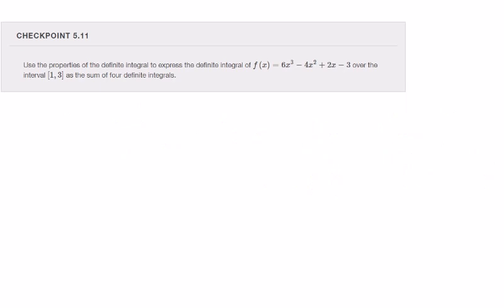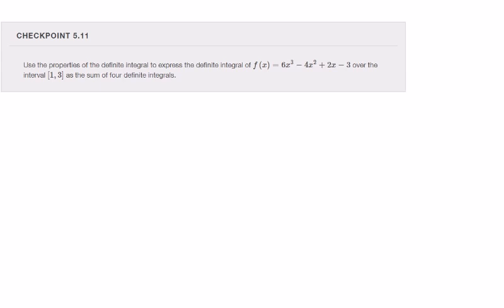All right, so you try this one out. Make this into this from 1 to 3 as a sum of four different integrals. Good.